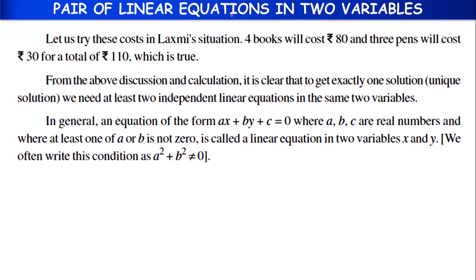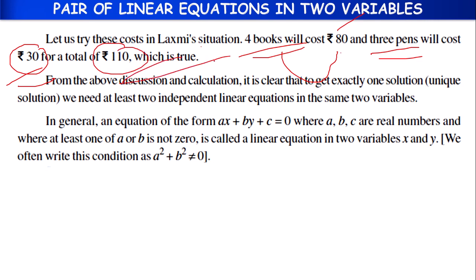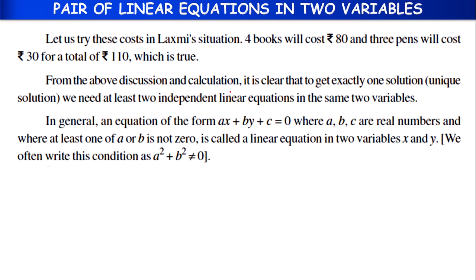So let's apply this to Lakshmi's situation. She has bought 4 books: 4 into 20, 80 rupees. She bought 3 pens: 3 into 10, 30 rupees. So 80 plus 30, 110 rupees, which is true. So we are getting exactly one solution. Cost of a book is 20 rupees, cost of a pen is 10 rupees.